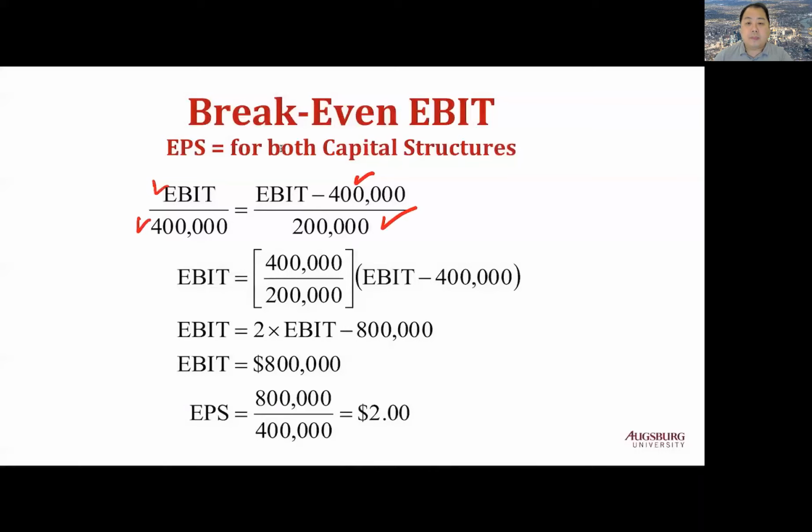If you solve this problem, break-even EBIT is $800,000. With $800,000 EBIT, EPS is $2 for both situations.